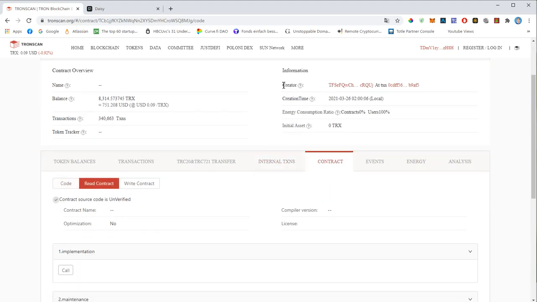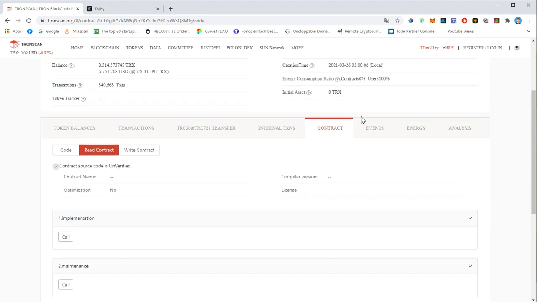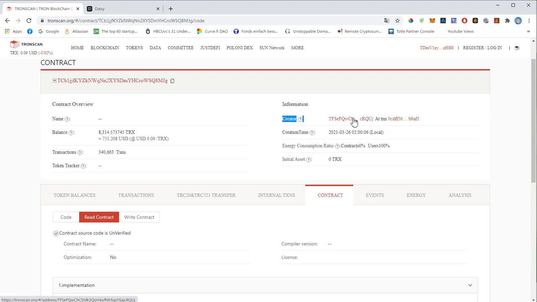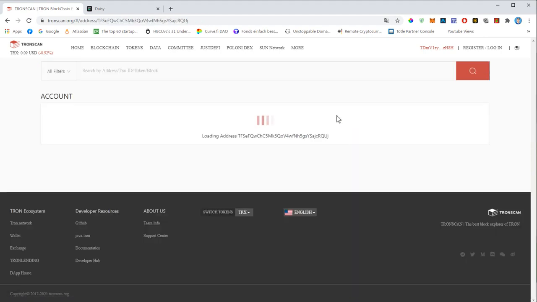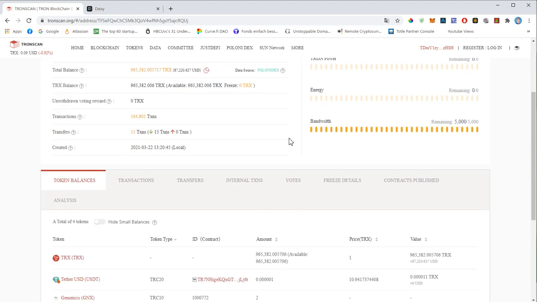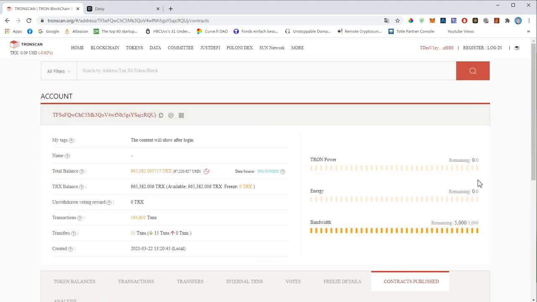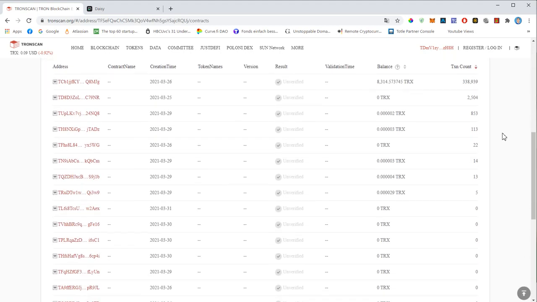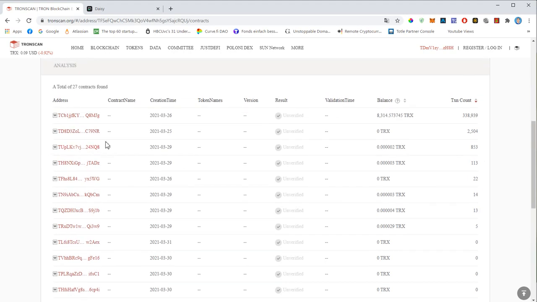And by the way, here in the upper right, you see creator. This is basically the creator of the smart contract. If you click on that, and then you go to contracts published, you will find all the smart contracts that this creator has published.